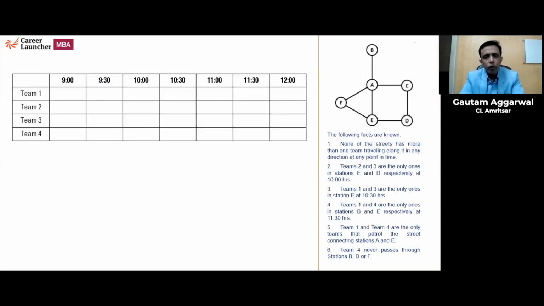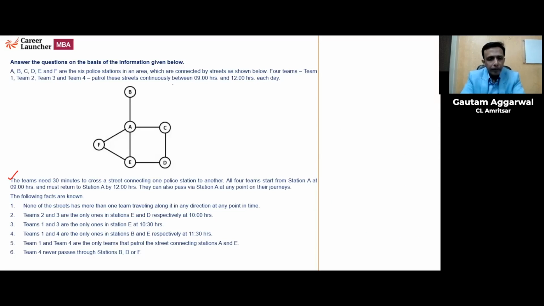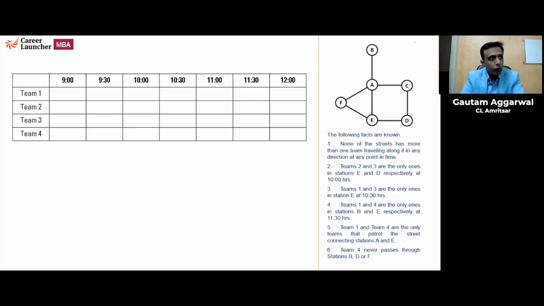Going through this chart, I'll try to figure out the relative positions of each of the teams at these different points of time, with the condition that they have to move along the routes in any direction. It was also important that no street can have more than one team traveling along it in the same direction at any point. So one route can have only one of the teams at any point of time.